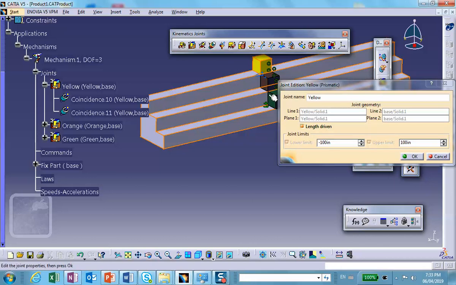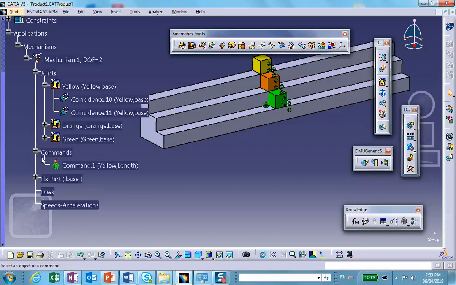Now the range is from minus 100 inches to 100 inches. I really am not worried about that, because later on I'm going to put a rule. Actually the length of this entire base is 20, plus 10 in the left and minus 10 in the right direction. So we just say fine, don't worry about it. Okay, notice that the name of the command, this is the yellow one.